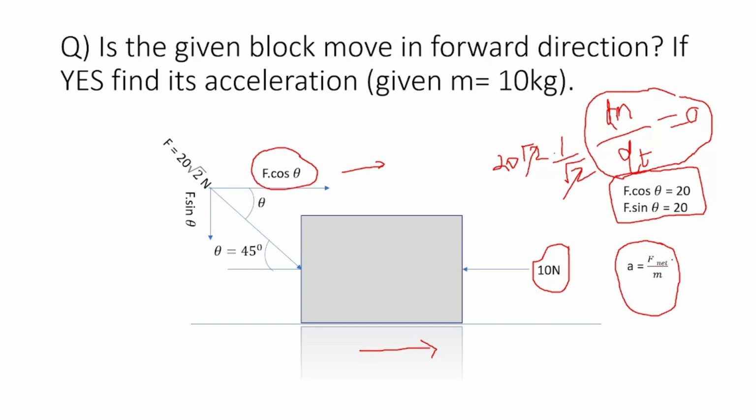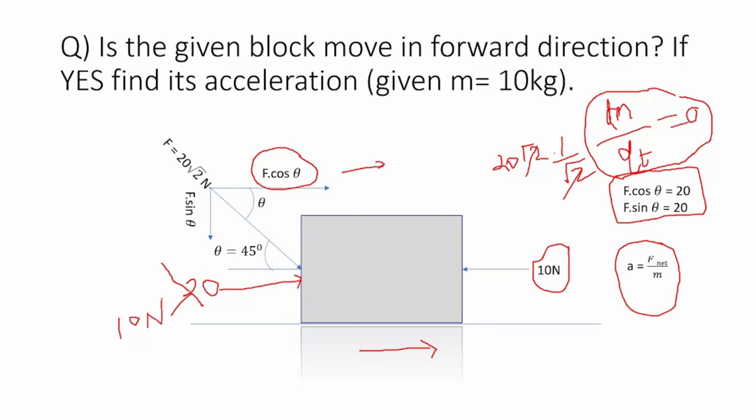Now F net is equal to 20 minus 10, because see here, if we apply a 20 Newton force in this direction, let's break this 20 Newton into 10 Newton and 10 Newton.